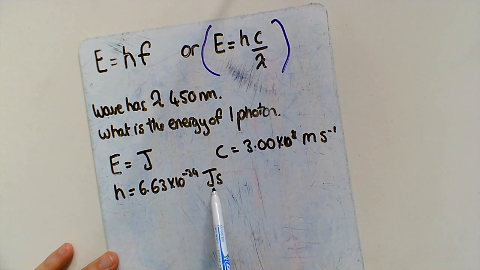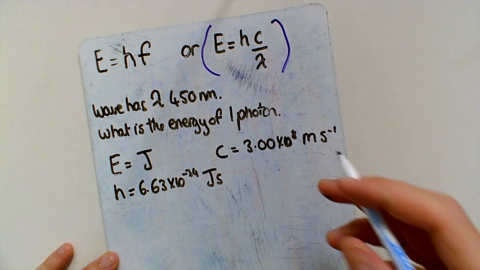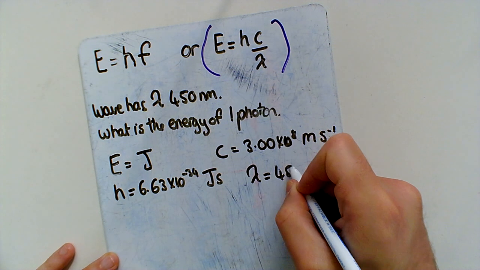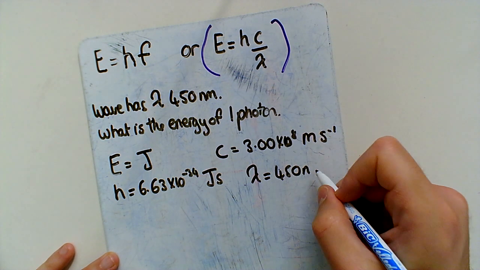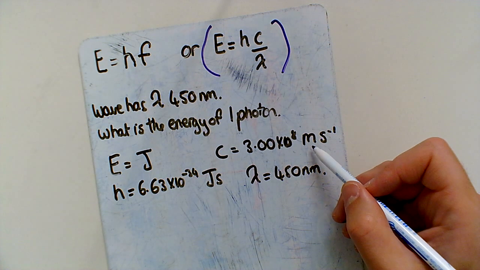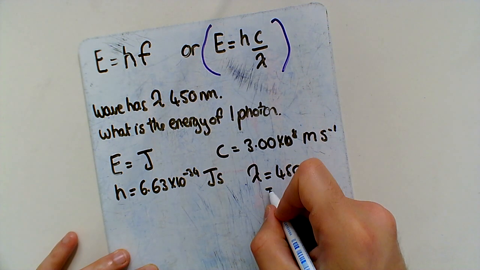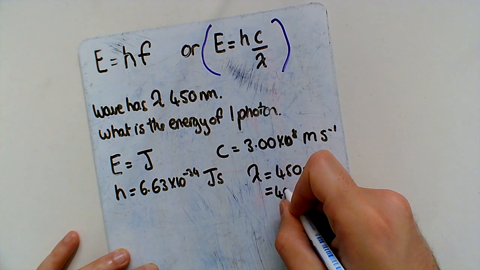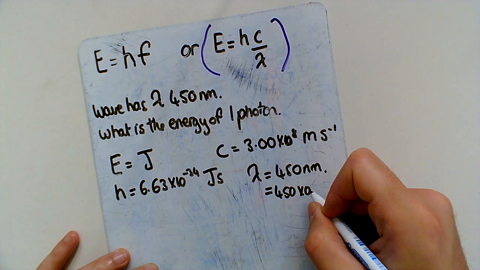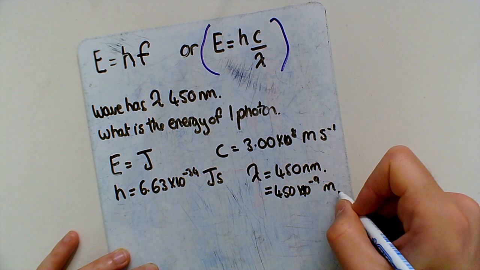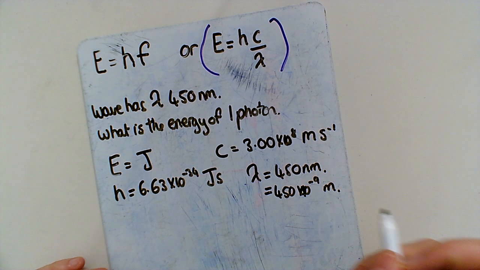So we have got joule seconds, joules, meters, seconds, and then we've got wavelength. And our wavelength is 450 nanometers. And we've got nanometers, but we've got meters here. So we're going to need to convert that. So it's going to be 450 multiplied by 10 to the minus 9 meters.